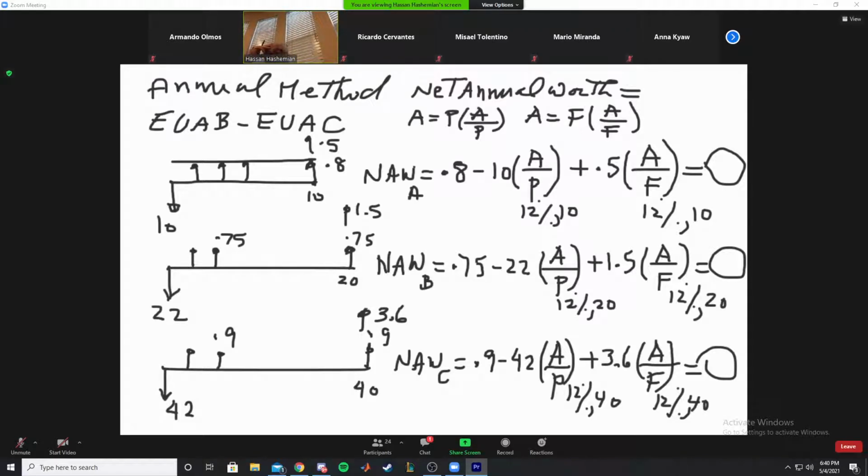So you calculate each of these. Again, if it's negative, the one that's lowest negative is the best alternative. If they are positive, the highest number would be the best alternative. Both of these methods should give you the same answer.